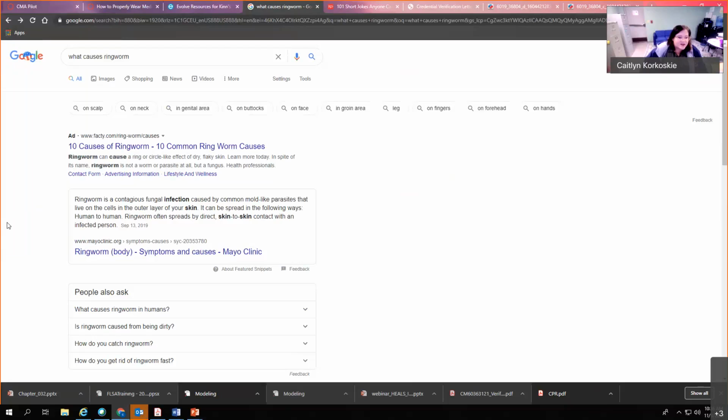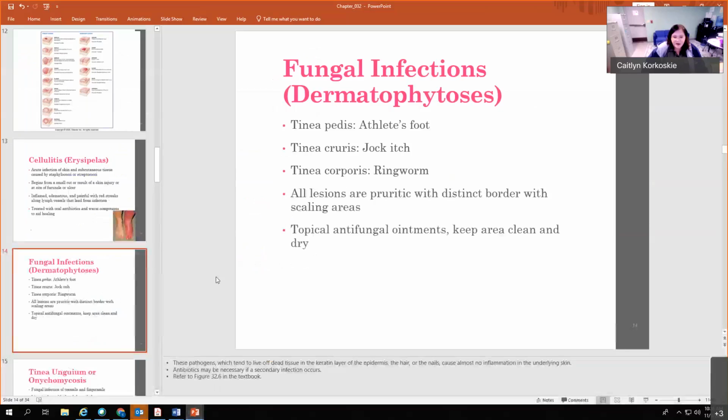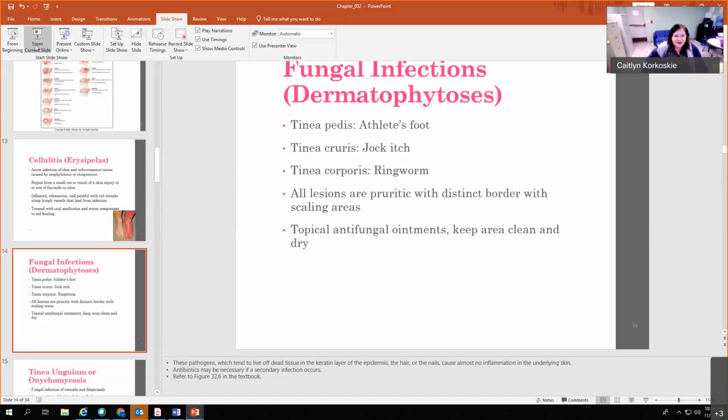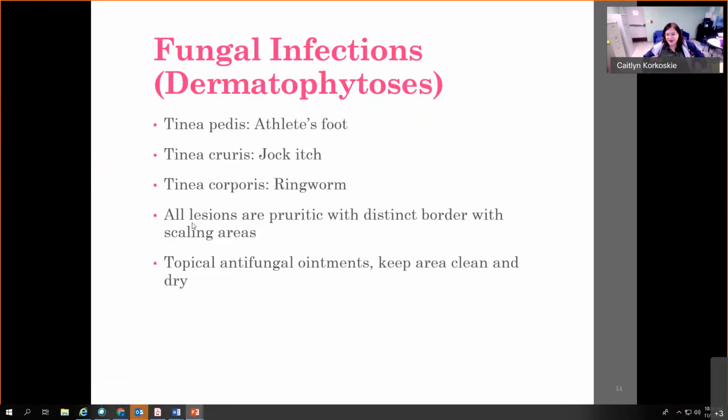Ringworm specifically is a fungus that's caused by mold-like parasites. They live on the outer layer of the skin and are transferred by direct contact. Again, it's most commonly in wrestling because of lots of sweating and transfer of body fluids from the sweat.